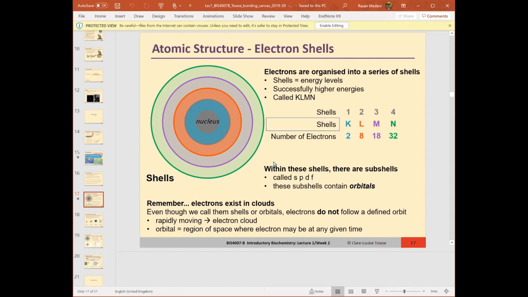But within these shells there are subshells that we call S, P, D, and F. The orbitals are the boxes that I showed you, the boxes with electrons. So the SPDF are called subshells, and the boxes are called orbitals.